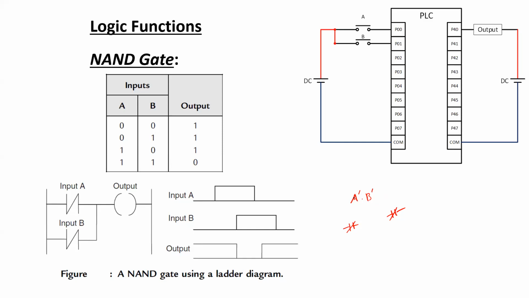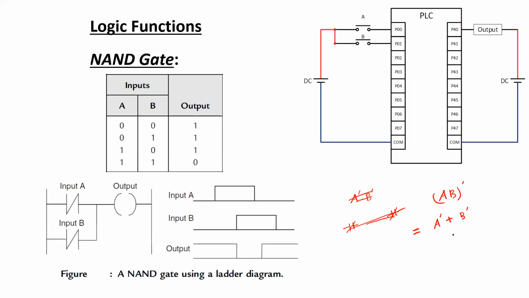Okay, so I have made some mistake. So it should be like this: AB whole prime. So that's where the problem was. According to De Morgan's law, it should be represented like this.